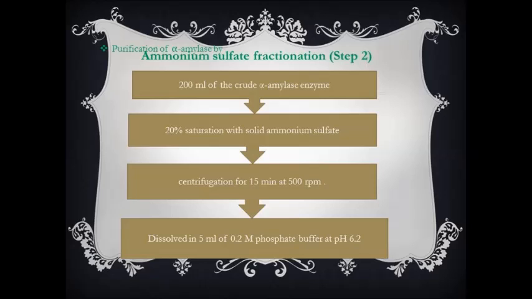The resulting pellet was dissolved in 5 milliliters of 0.2 M phosphate buffer at pH 6.2. The remaining supernatant was treated again with ammonium sulfate to achieve 40, 60, 80, and 100% saturation. Both enzyme activity and protein content were determined for each separate fraction.